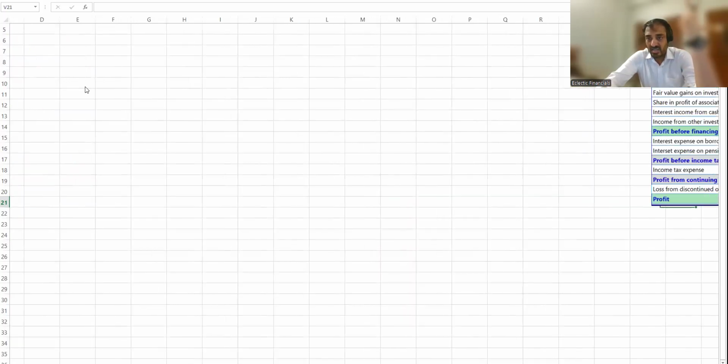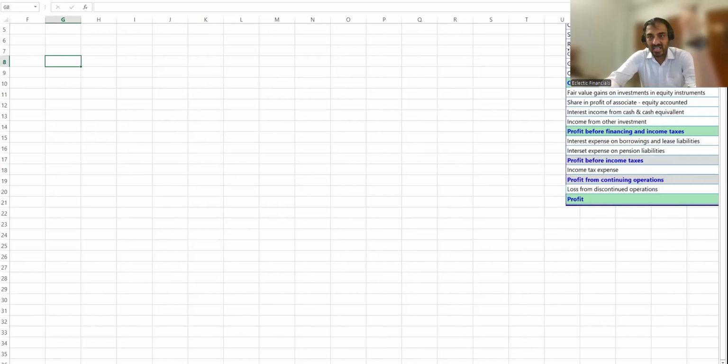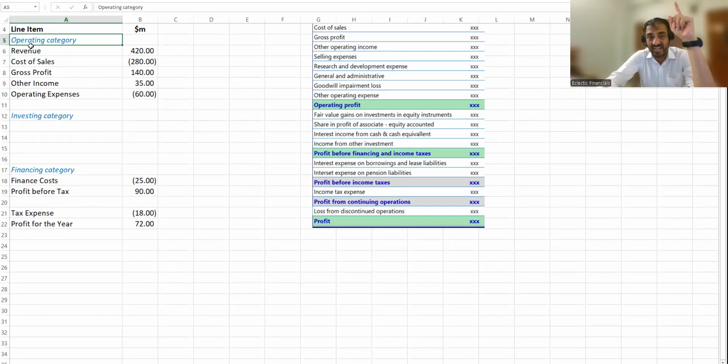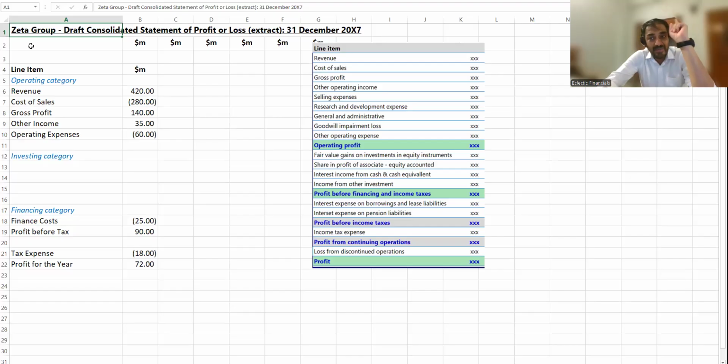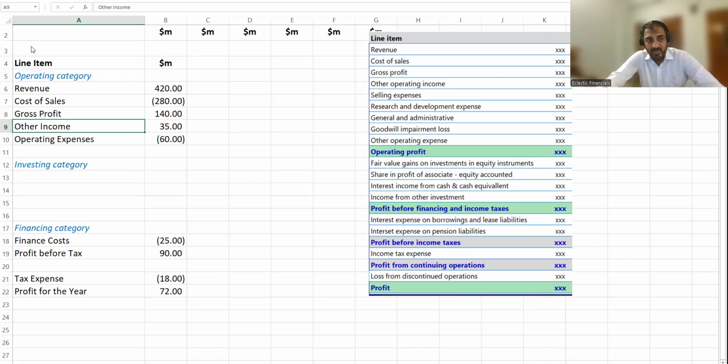Recall the statement. Is something missing, specifically about the mandatory subtotals? Operating profit? No. No operating profit term here. Number one, missing the operating profit. Mandatory subtotal: profit before finance and income tax.